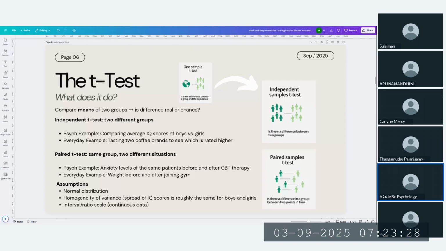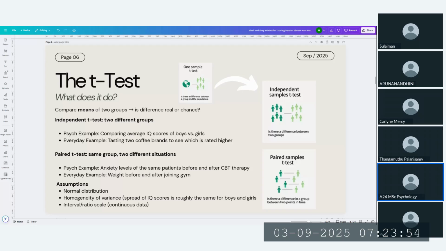So does everybody know what the mean is in statistics? Is everybody familiar with what a mean is? Average, yes. So roughly, you can say it is the average, right?